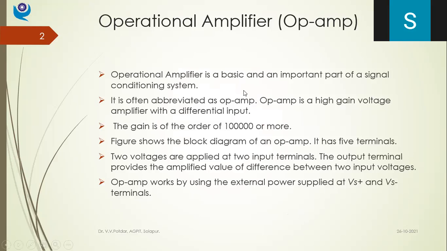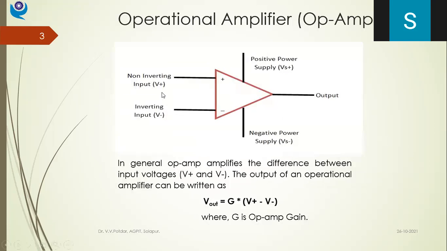Operational amplifier is a basic and an important part of a signal conditioning system. It is often abbreviated as op-amp. Op-amp is a high gain voltage amplifier with a differential input. What is this differential input? One is the non-inverting signal, that is the positive signal, and the other one is the inverting signal, right?